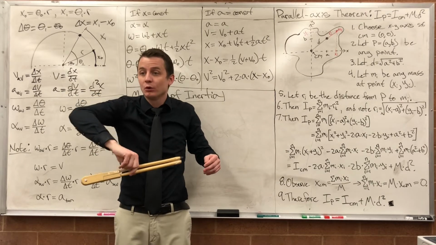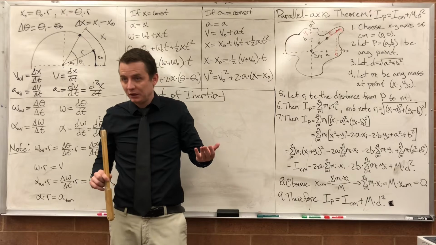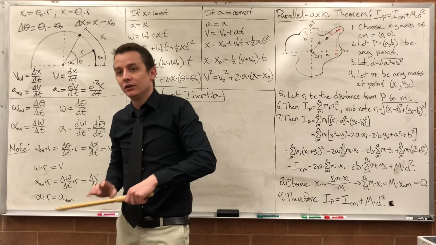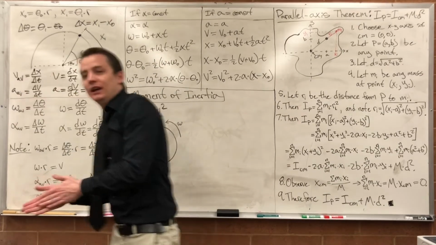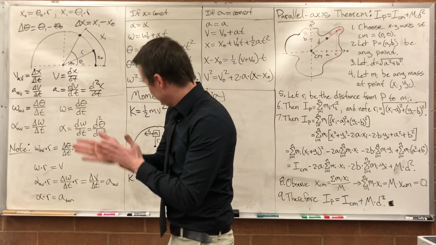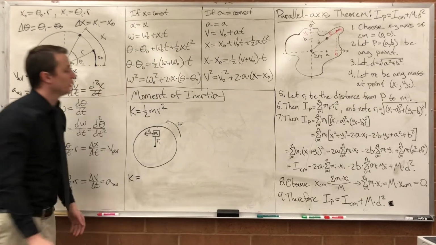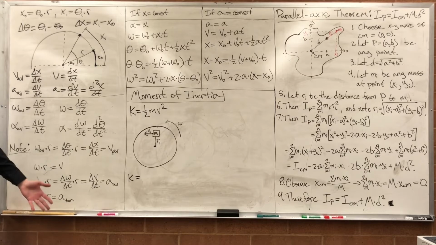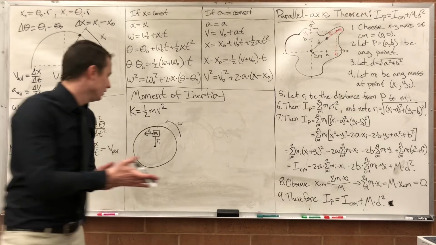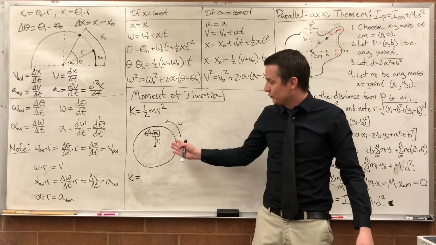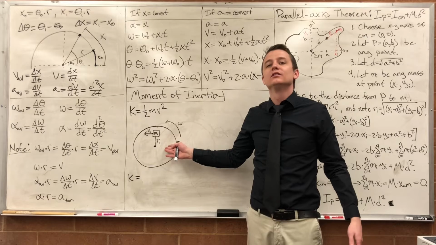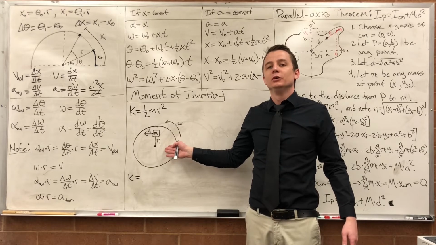And so it takes way more work to rotate it at the same speed. So it's tied with this concept of kinetic energy. So what we're interested in then is calculating the kinetic energy of a rotating object. So let's do that. Let's calculate the kinetic energy of some rotating object like this. You with me so far?